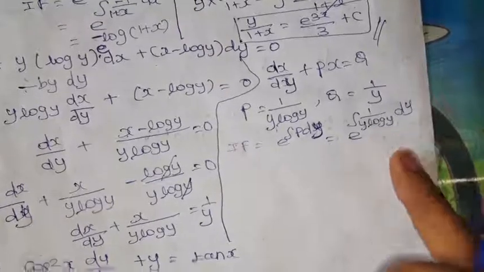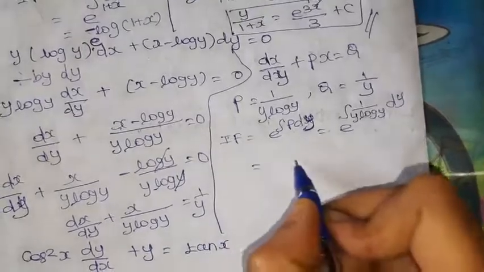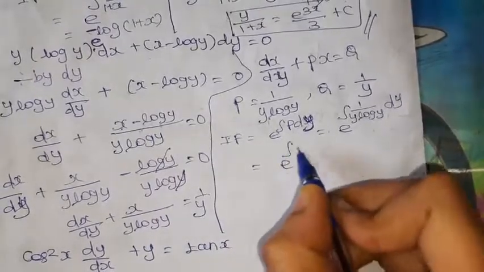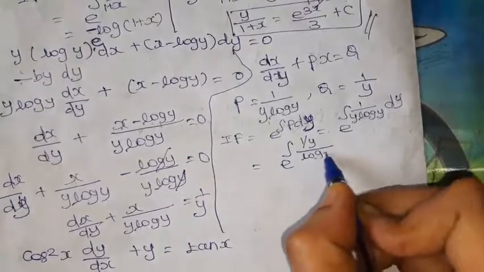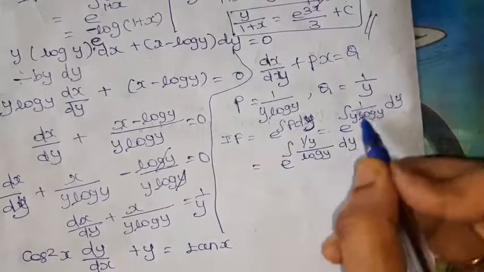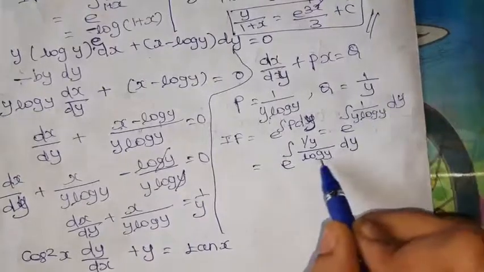What we will get? Can we write it like this? It is e power integration with 1 by y in the numerator and log y in the denominator.